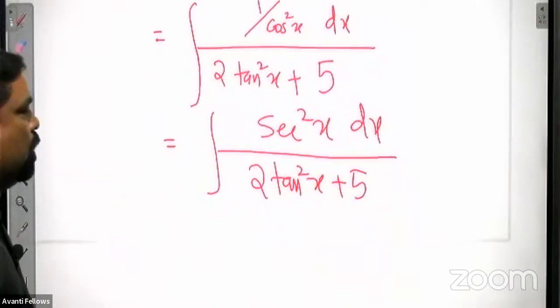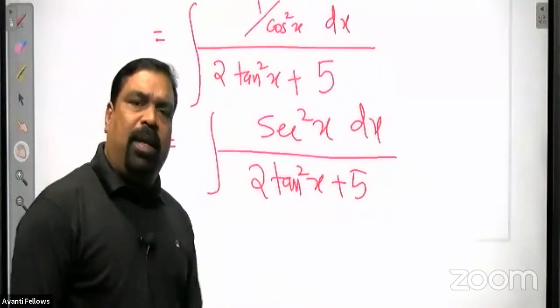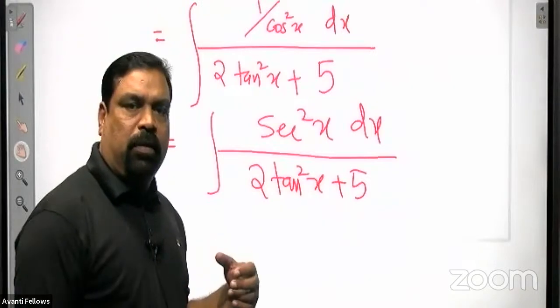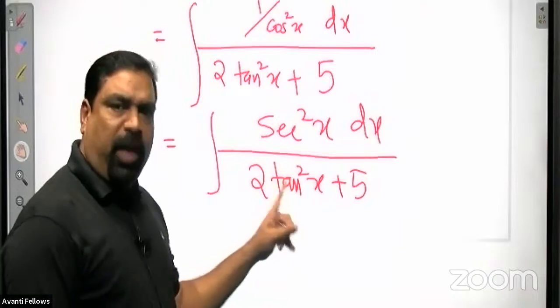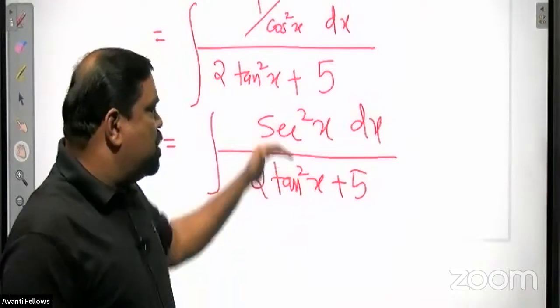I think now this can be easily integrated. The remaining, I think you can do it. Put tan x equal to t. The derivative of tan x is there in the numerator.